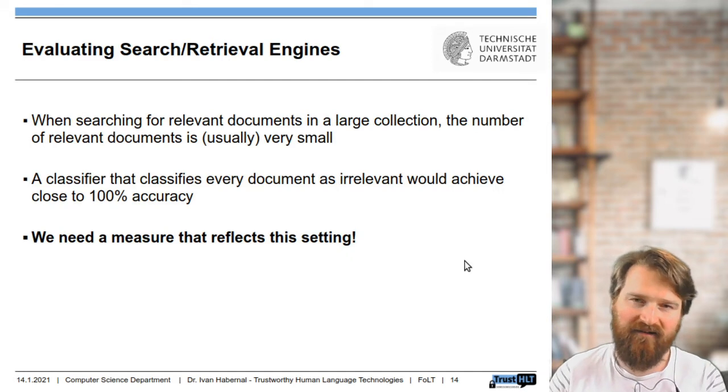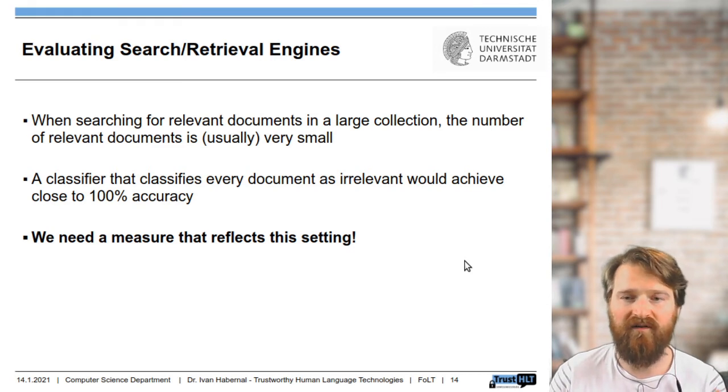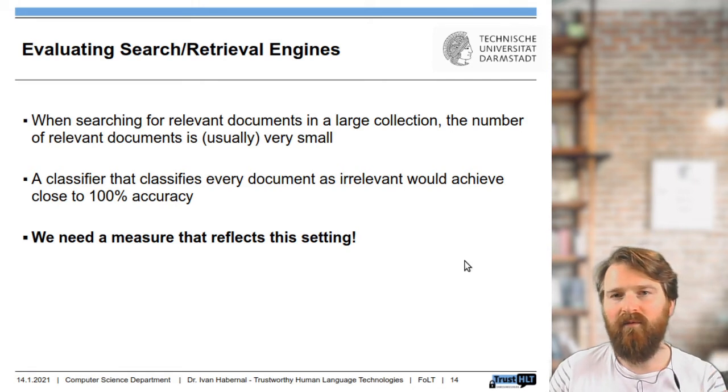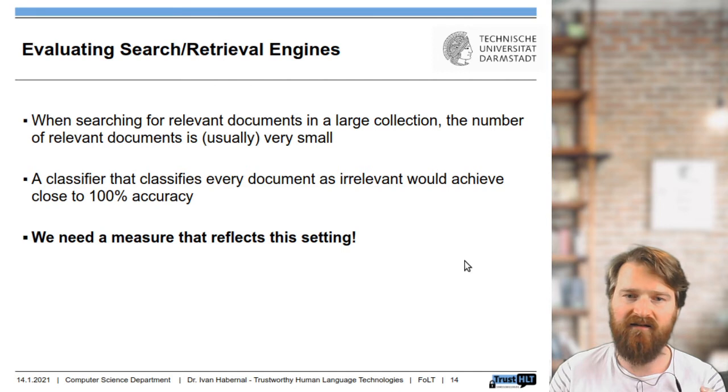And this sort of skewed distribution is an example in information retrieval. When we search for a document, we have a query and we want to find a document in a collection. And we want to classify it as relevant or irrelevant, so binary classification.